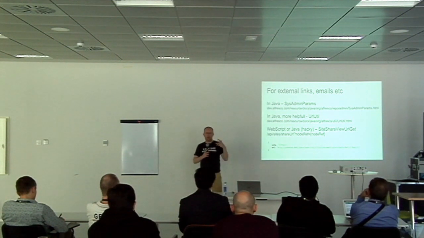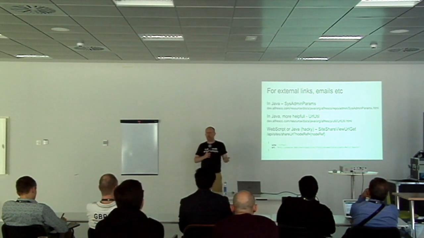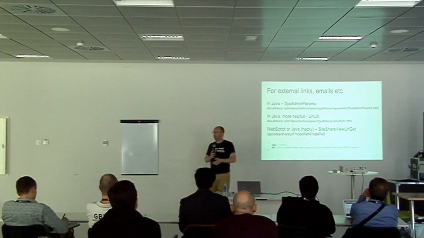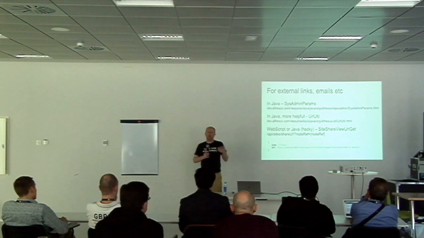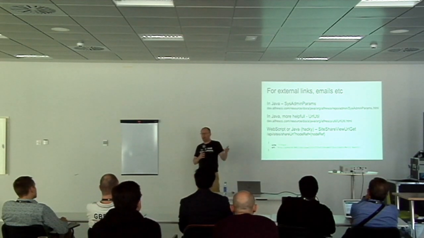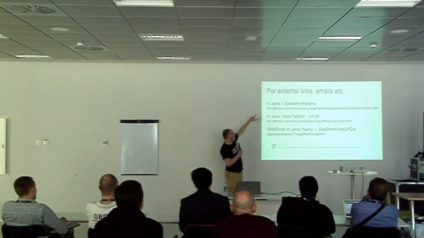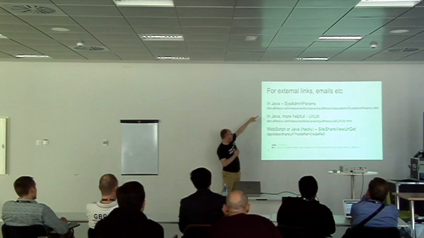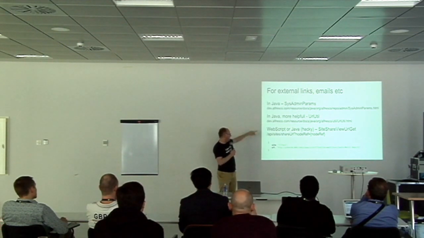If you're running in Share and you're trying to find out what the Share URL would be of a node, or you're trying to write an email template and you need to know for a given node where people should be directed to view it. If you're doing it by hand in Java, there's a bean called sysadmin params and a more helpful URL util that wraps it up. Otherwise, there's this REST API here that no one seems to know about.